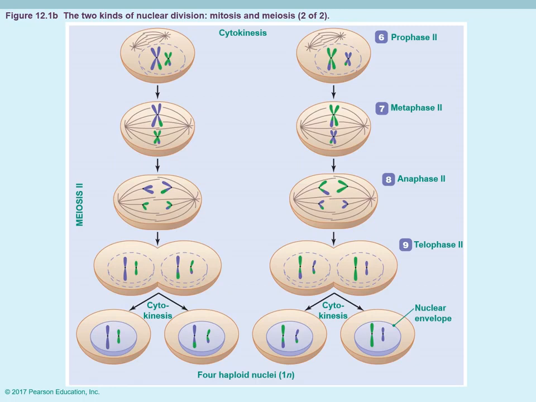Metaphase 2, the spindle fibers are now at opposite ends of the cell, and the chromosomes are lined up right down the middle. Anaphase 2, the chromosomes are pulled apart. Telophase 2, you have the disappearance of the spindle fibers, the reappearance of the nuclear membrane, and cytokinesis is occurring. And down at the bottom now, you have 4 haploid daughter cells.